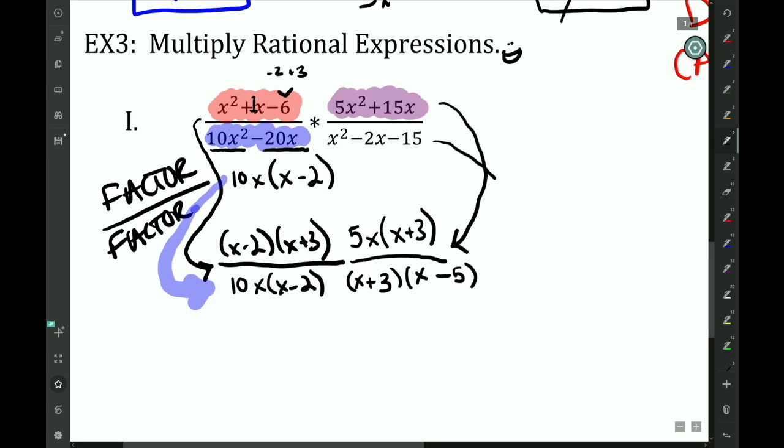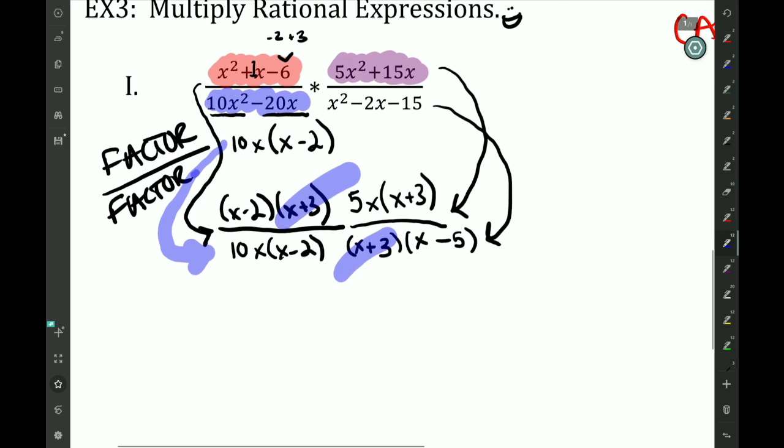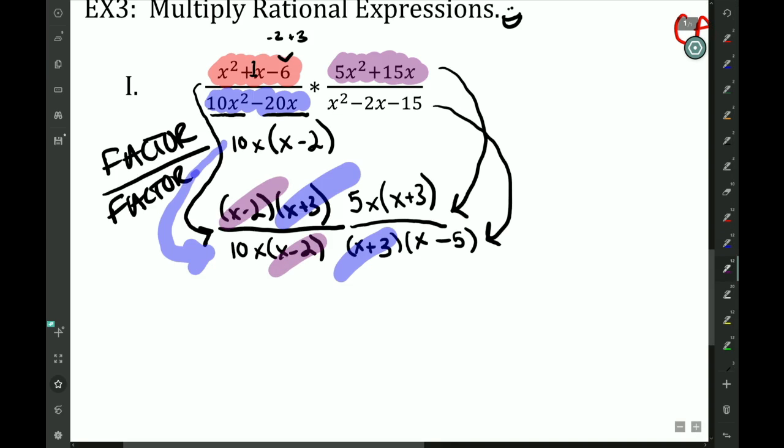Okay, that's your denominator. Everything's all factored, and once you do that, the fun begins. You cross out pairs that are alike. The x plus 3s, only 2 of those are going to cancel out. X minus 2s, those are gone. And let's see what we have left. So at the moment, we have 5x, x plus 3, all over 10x, x minus 5.